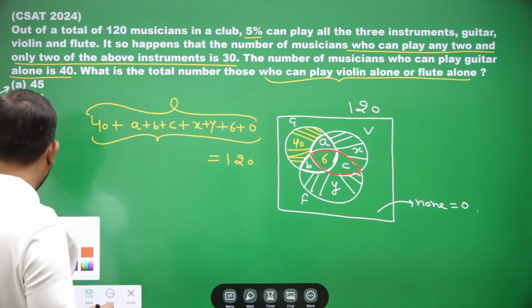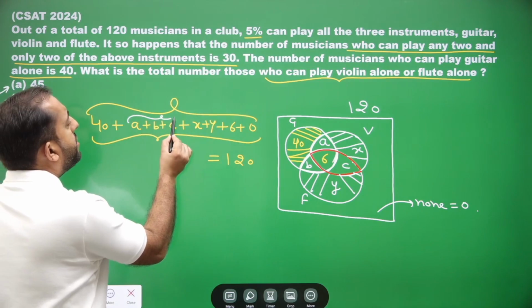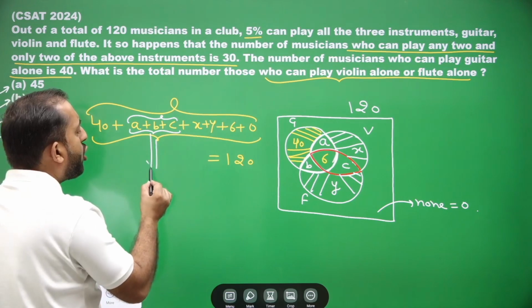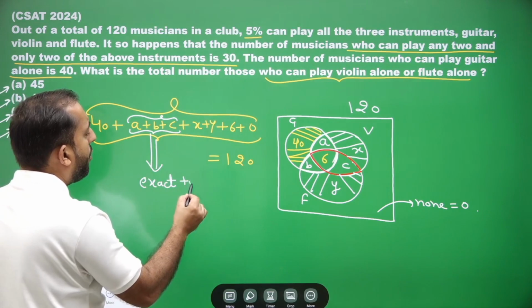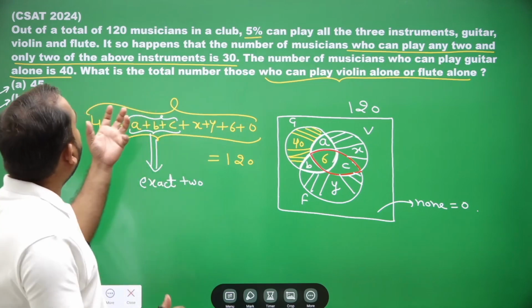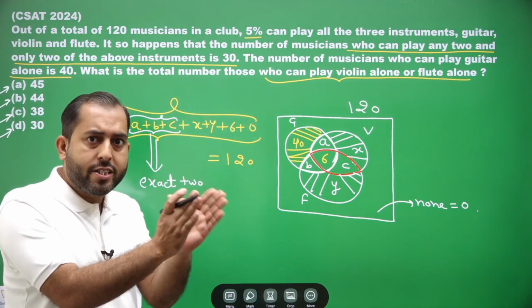Now in this case, what does this A plus B plus C indicate? A plus B plus C talks about exactly 2. Meaning, A plus B plus C will talk about the number of musicians who can play exactly 2 instruments at a time.